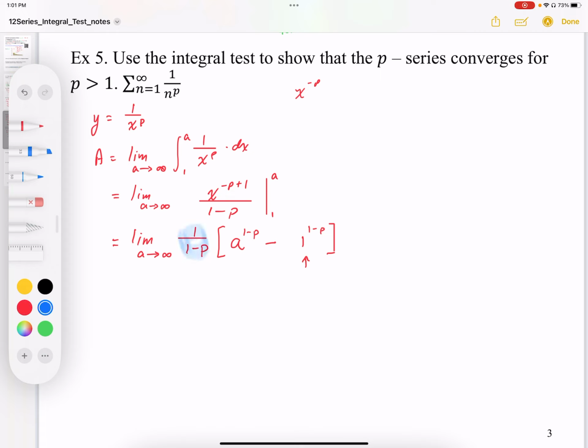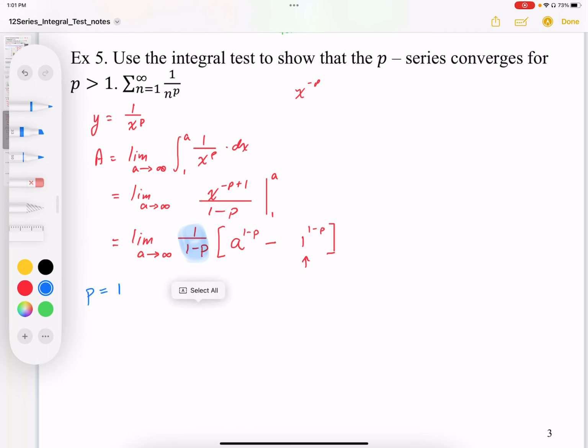The first part we're going to look at is 1 over 1 minus p. What's happening there? If p is equal to 1, I'm going to put this as an if statement.